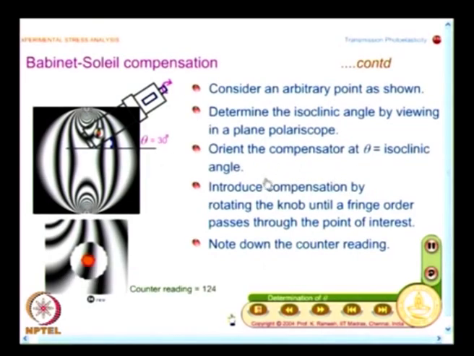So, this is how you do the Babinet-Soleil compensation. I stop the rotation of the knob once a fringe passes through the point of interest, and you need to note down the counter reading. In this case the counter reading turns out to be 124.